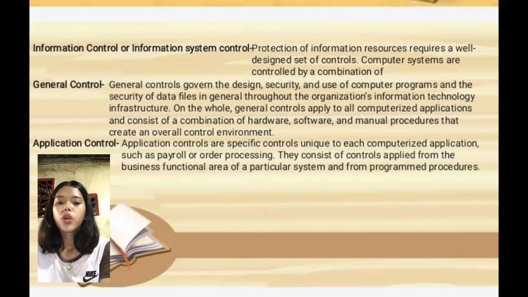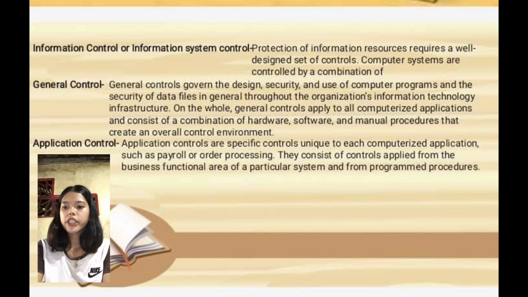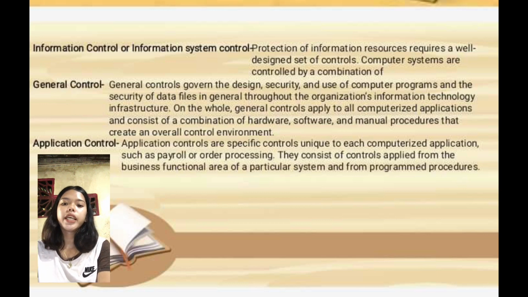So next, application control. Application controls are the specific controls unique to each computerized application, such as payroll or order processing. They consist of controls applied from business functions or areas of a particular system and from programmed procedures.